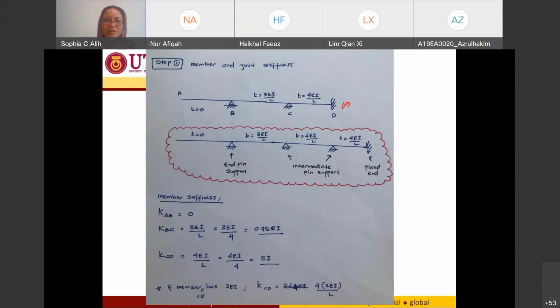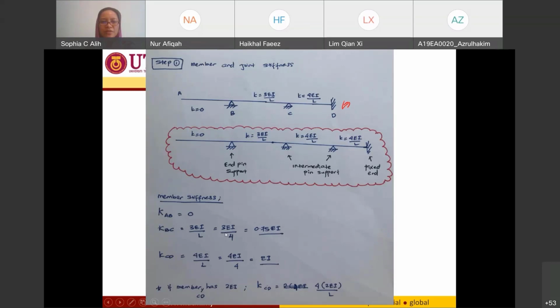If I want to calculate the stiffness for member AB, I put it in the notation KAB. So this is the stiffness of member AB, equal to 0. And if I want to calculate the stiffness of member BC, I put KBC equal to 3EI over L, because this is the end support.